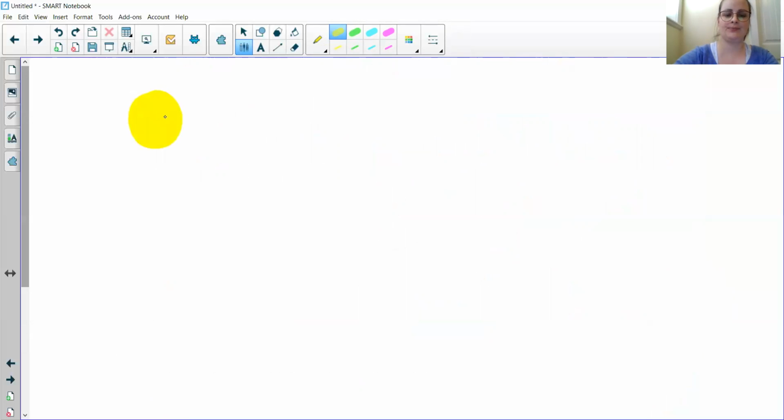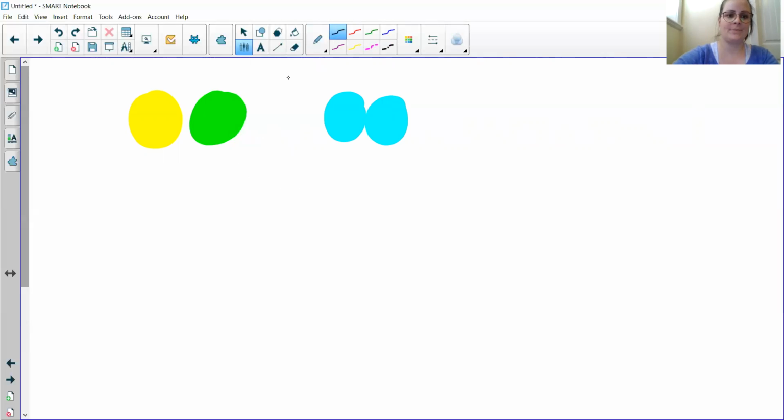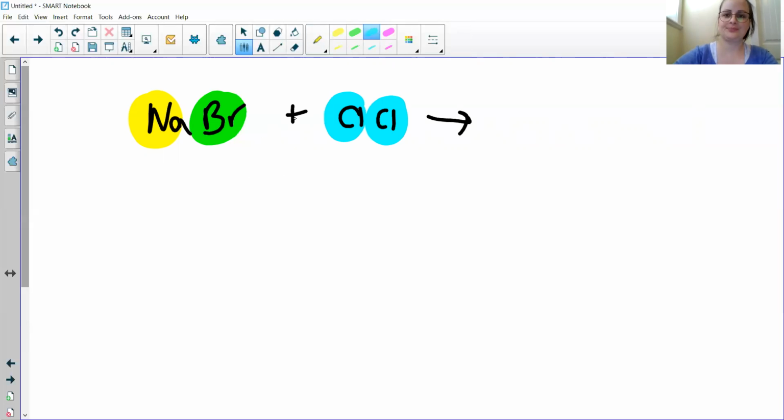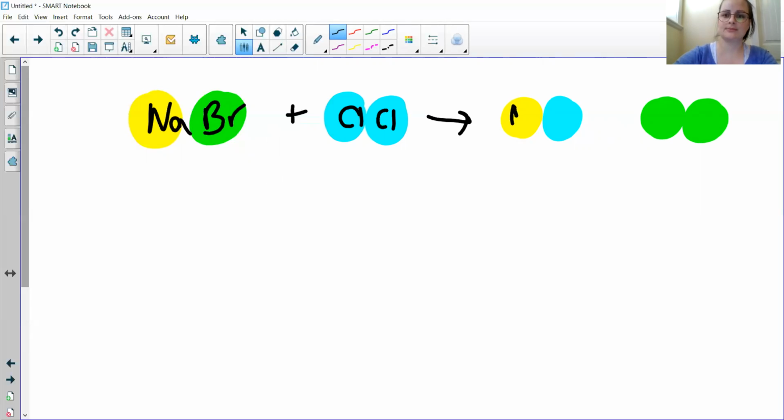If I look at sodium and bromine, which were my first ones, and chlorine, and this is my sodium bromide, and this is my Cl and Cl, so my Cl2, and they produced sodium chloride plus 2 Brs. And each of these bubbles represents the atom or molecule. You can see that it's not balanced.